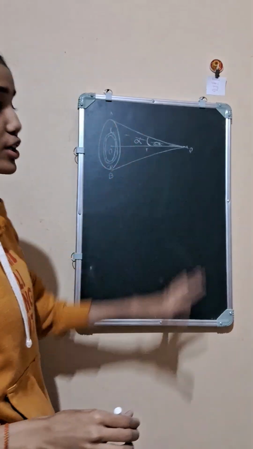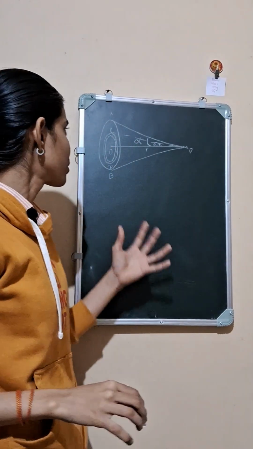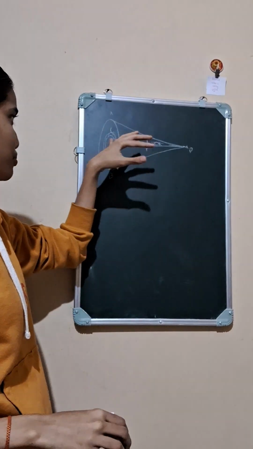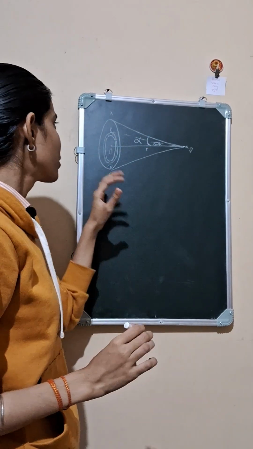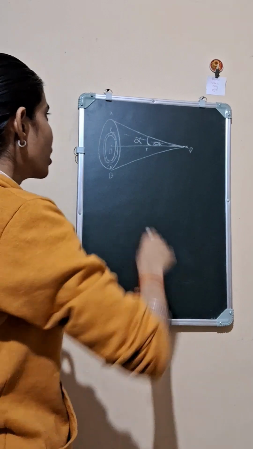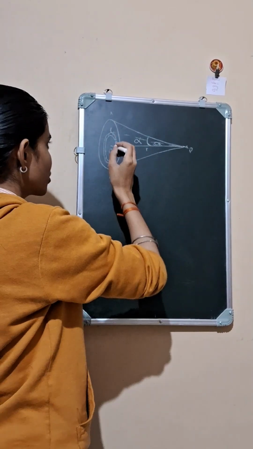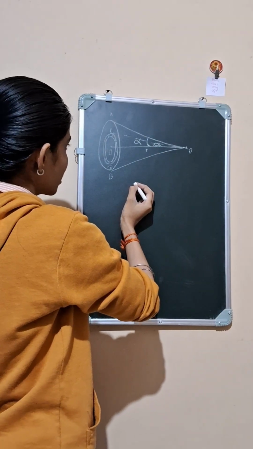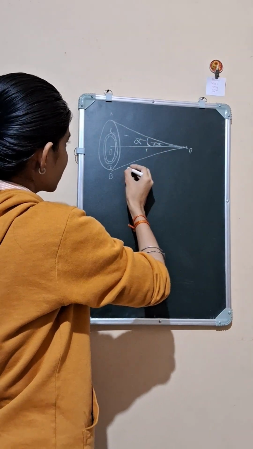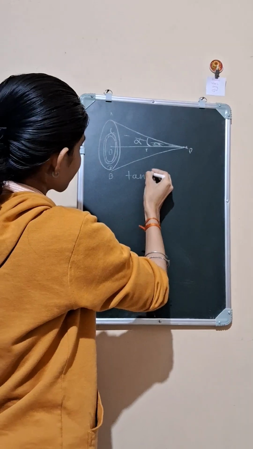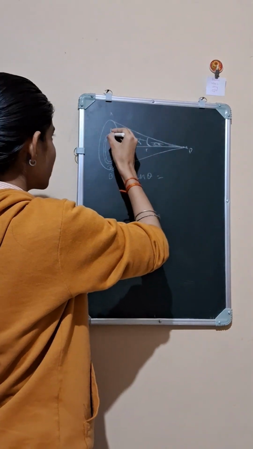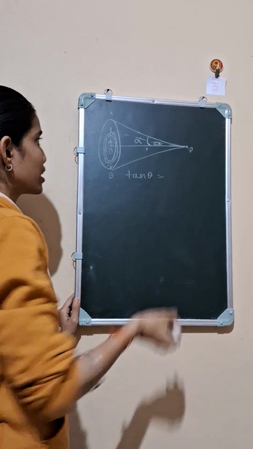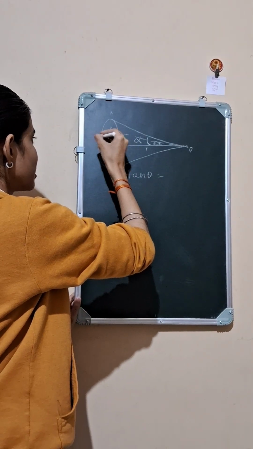First we are going to calculate the field due to this elemental ring, then we will integrate over the infinite number of rings to get the total field due to this circular disc. So here theta is here, tan theta is, yes, let us suppose the radius of the ring be x and its thickness be dx.